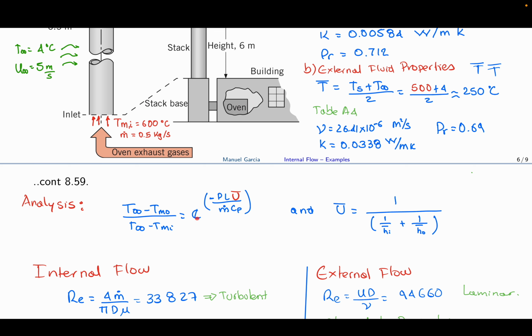This is equal to e to the minus area multiplied by the overall heat transfer coefficient, or we can replace this by 1 over R, divided by the mass flow rate times Cp. I'm going to use U, and I'm neglecting the resistance of the pipe. So this is 1 over h inside plus 1 over h outside.